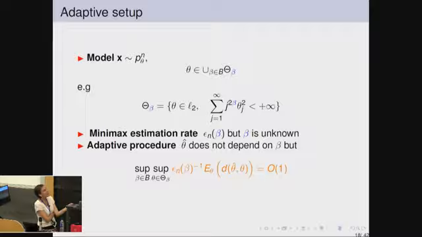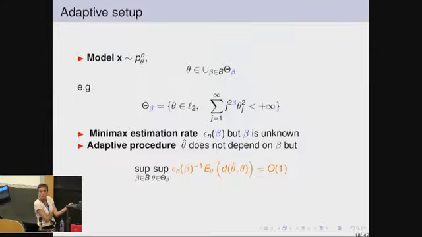Being good means that the rate of estimation has to be as good as epsilon n of beta. What you want is an estimator or a procedure, whatever that is, such that even though you don't know beta, it's still doing as well as if you knew beta.